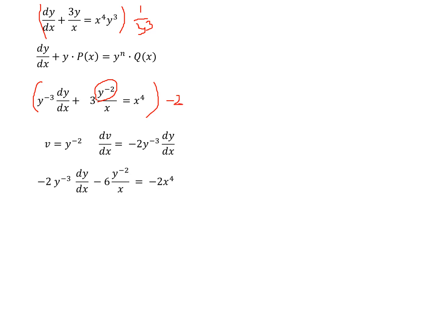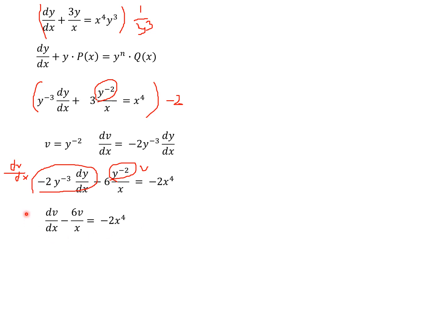So you'll get -2y^(-3) dy/dx - 6y^(-2)/x = -2x^4. And you notice that this is already dv/dx, and this is v. So you'll get a linear differential equation: dv/dx - 6v/x = -2x^4.